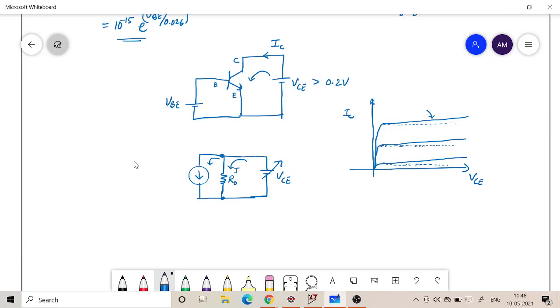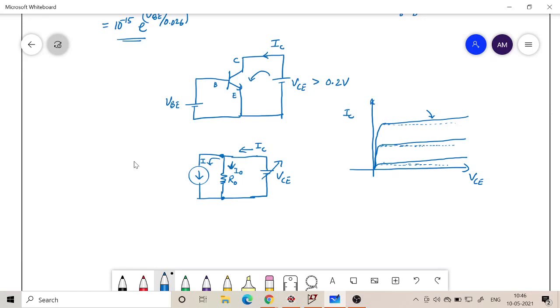There is a current which flows through, let's call it I0, and let's say this current is I. So the total collector current, if I may write like this, the collector current is a current that is entering into the collector terminal. So it has two portions. One is through this parallel resistance.